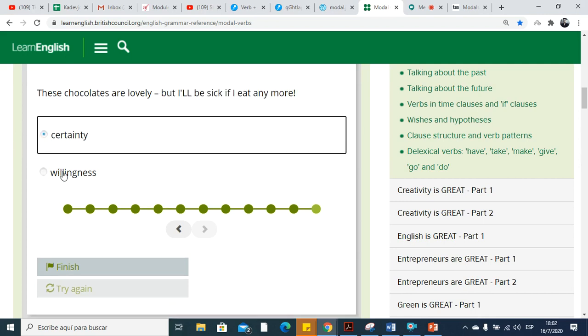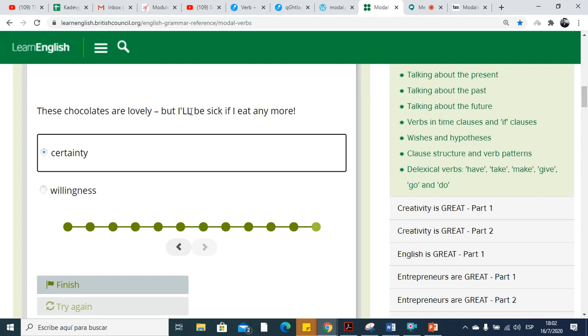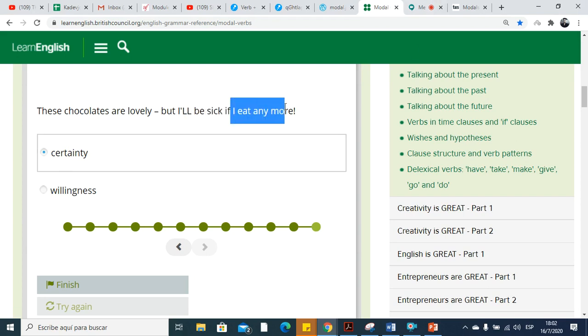Yes, in this case it's a certainty. Los chocolates sí se los está comiendo por su propia voluntad, pero como está asegurando que se va a enfermar si come más, en ese caso se vuelve una certeza.